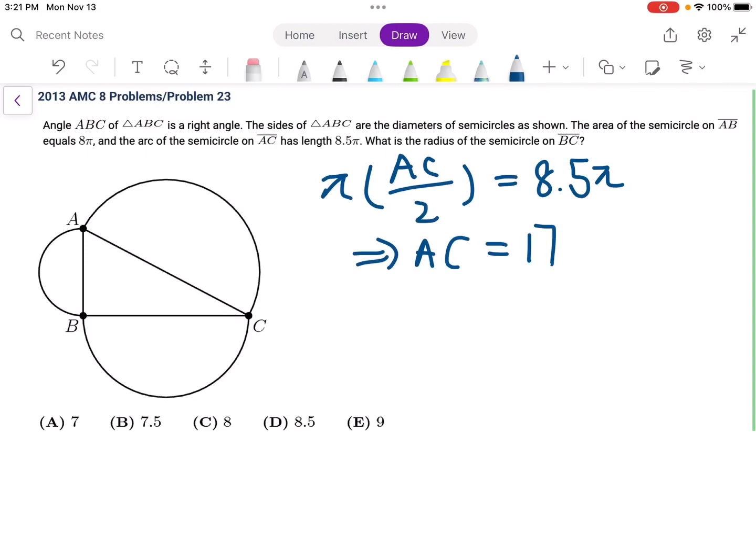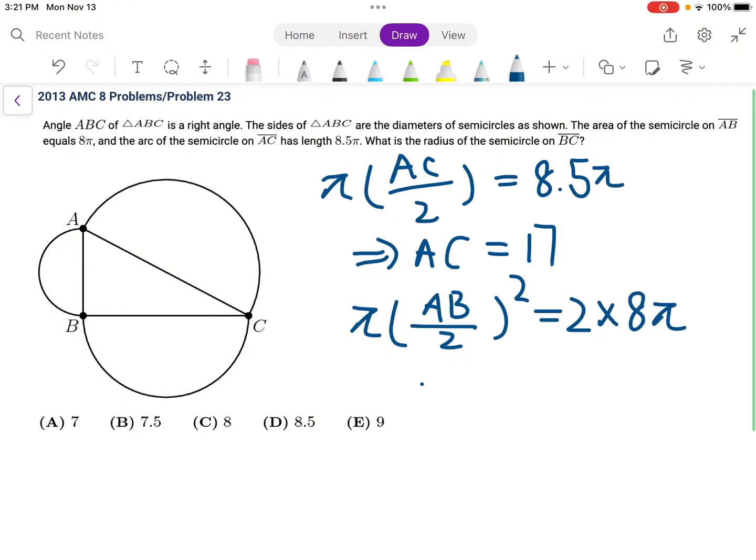And because the area of the semicircle on AB equals 8 pi, that means pi multiplied by (AB divided by 2) squared equals 2 multiplied by 8 pi. And when we simplify this, we get AB equals 8.